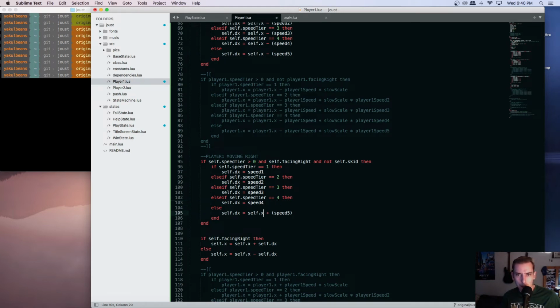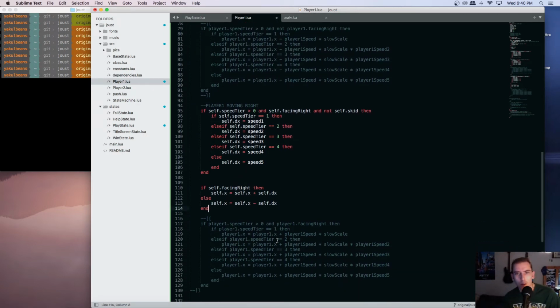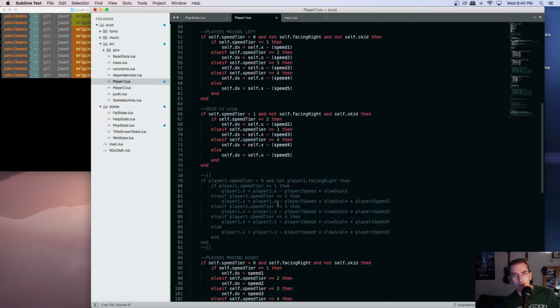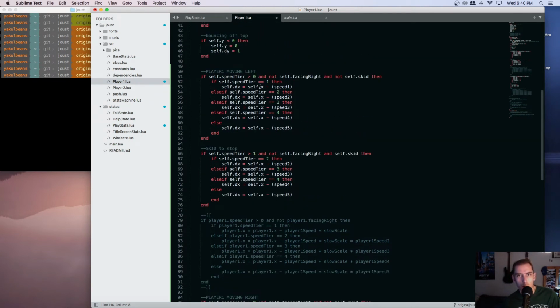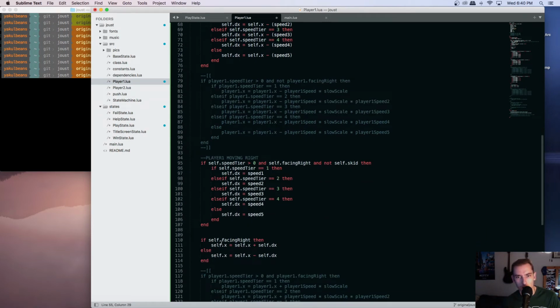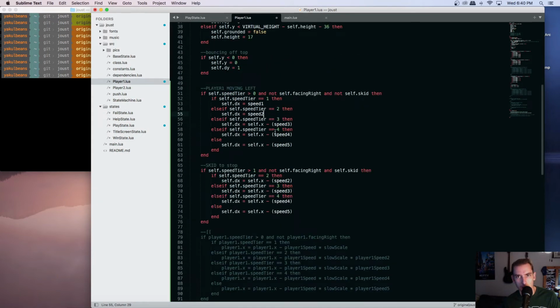Because we're still setting x to itself, shifted by the dx down here, depending on which direction it's facing. So we should be okay to just assign dx to be the change in x, whether it be negative or positive. That's up for this line of code to distinguish.